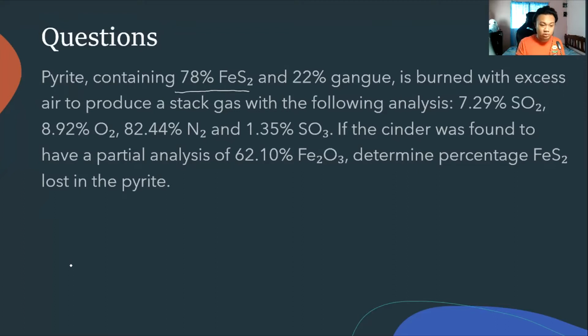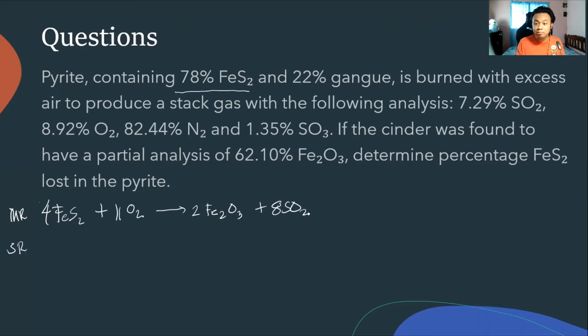So let me show you the balanced equation for this. So we have 4 moles of FeS₂ burned with 11 moles of O2, and then 2 moles of Fe₂O₃ plus 8 SO2. So that's the balanced equation for the main reaction. But we also have a side reaction because we cannot only produce SO2, we also can produce SO3.